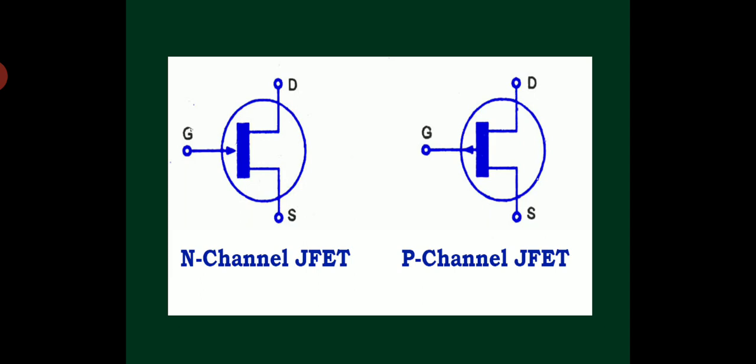For N-channel JFET, the current is due to electrons only, and for P-channel JFET, the current is due to the movement of holes, so holes take part in conduction. As I said, the most important characteristic of FET is high input impedance.